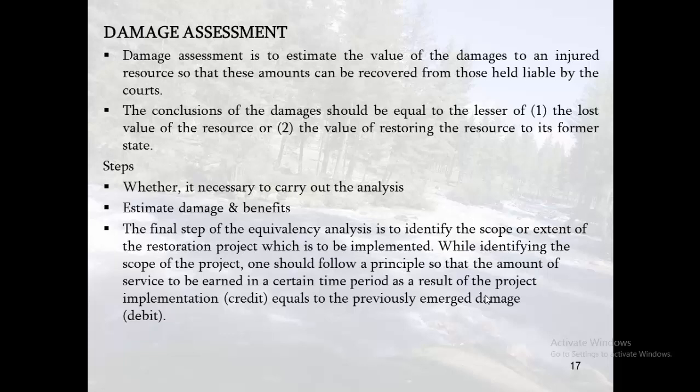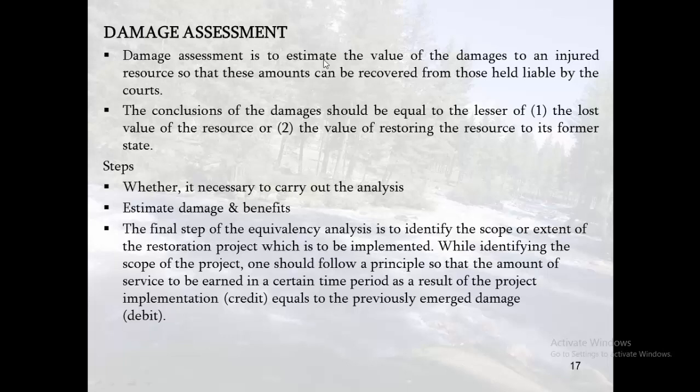Similarly, damage assessment is another framework of analysis through which we study the effect of the different courses of action on the environment and on the society.